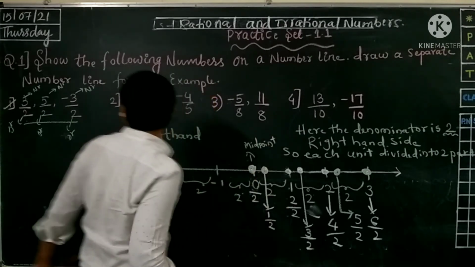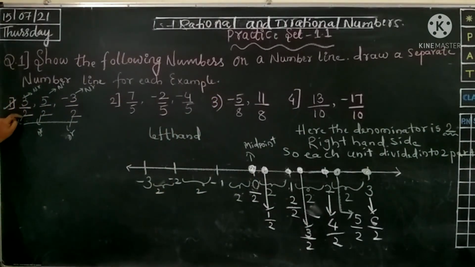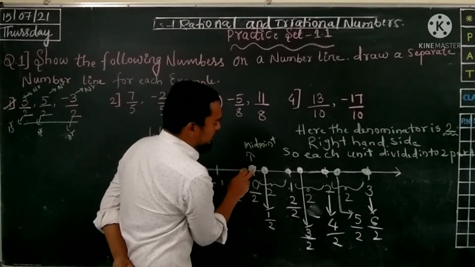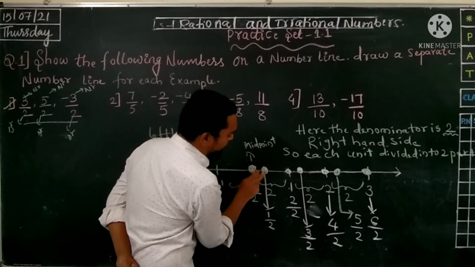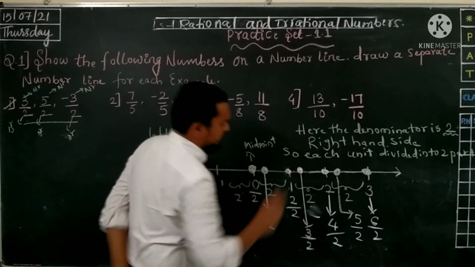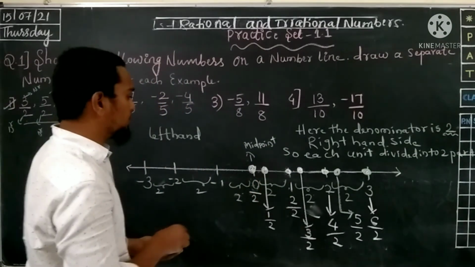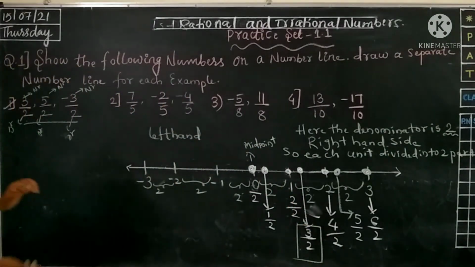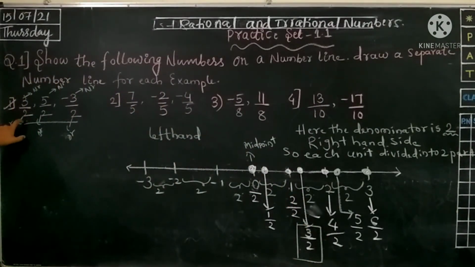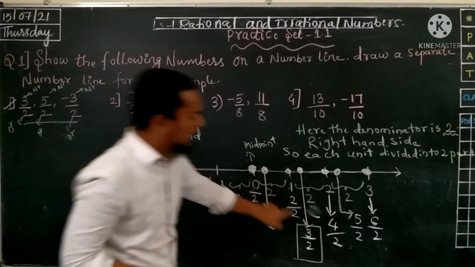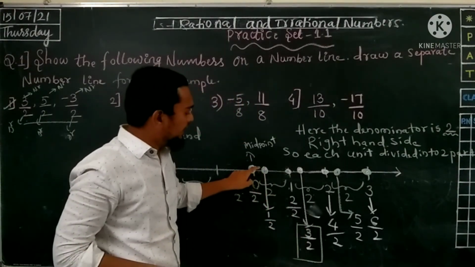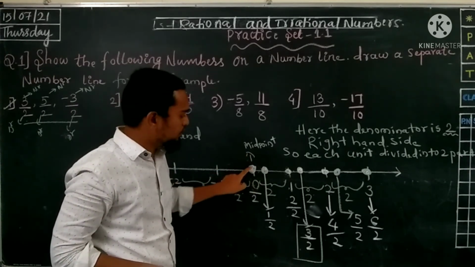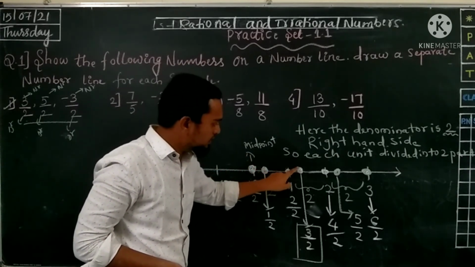0 to 3 upon, here given 3 upon 2. 3 upon 2 means we will leave 0, 1, 2, 3. This one is 3 upon 2. To show 3 upon 2 on a number line, we will leave 0, 1, 2, 3.